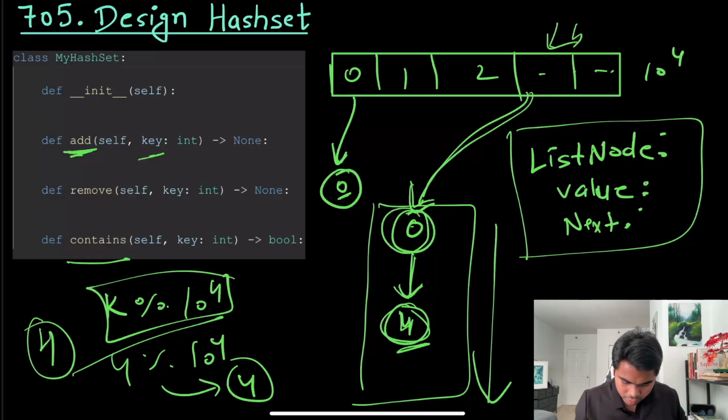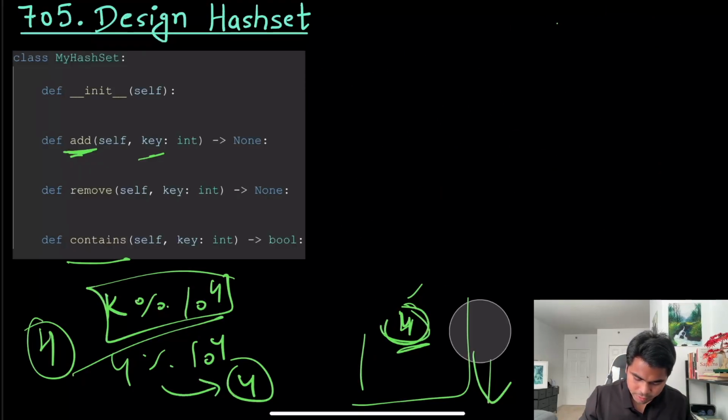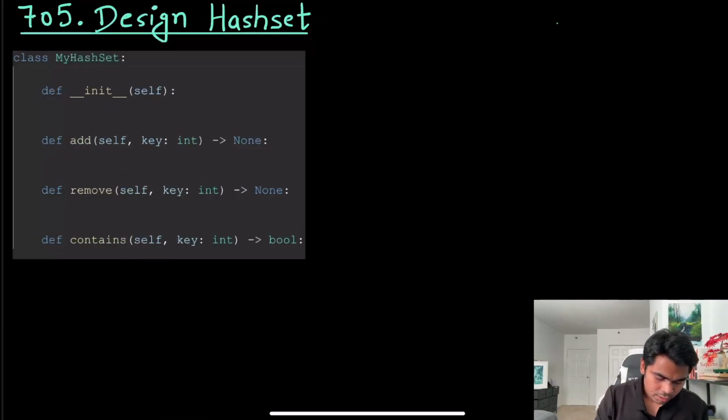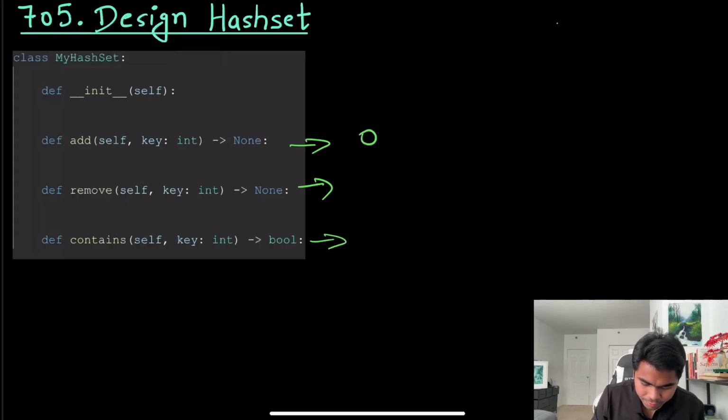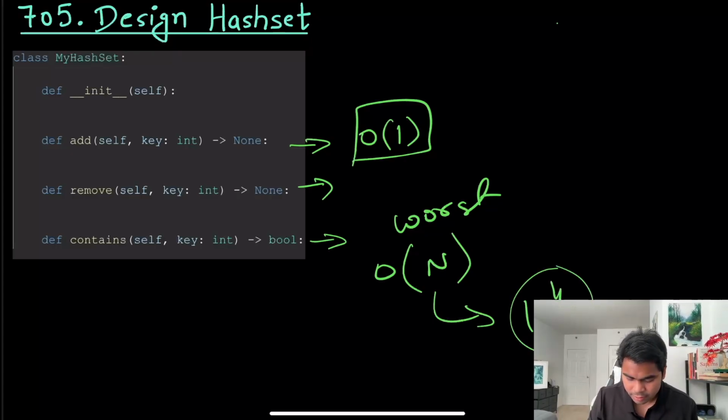Ideally add, remove, and contains should happen in big O of 1 time, but in the worst case they might be big O of n time complexity, and n could be 10 to the power 4, because there will be max 10 to the power 4 values present.